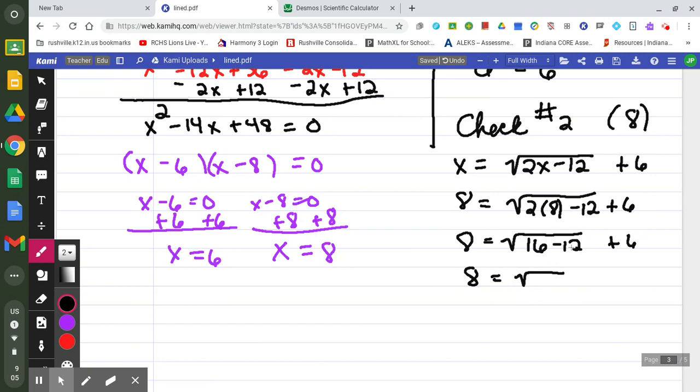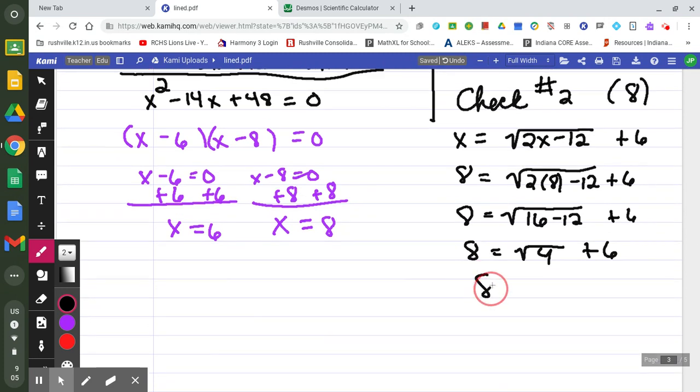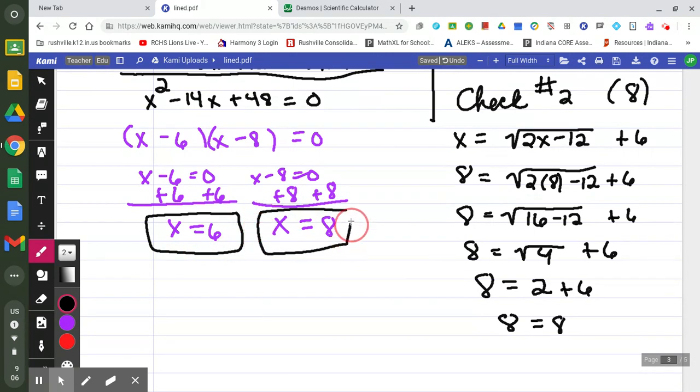Okay, 16 minus the 12 is 4. Square root of 4 is 2. So this one checks out also. So both of these are accurate answers for that problem.